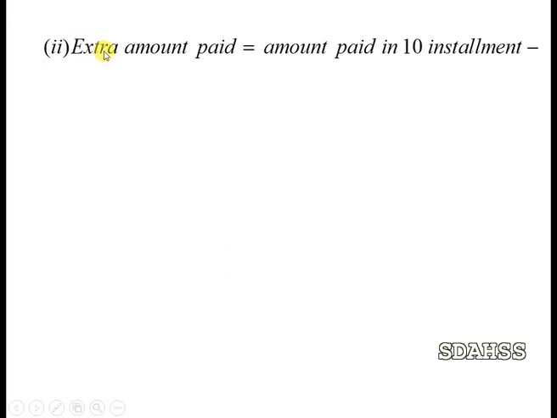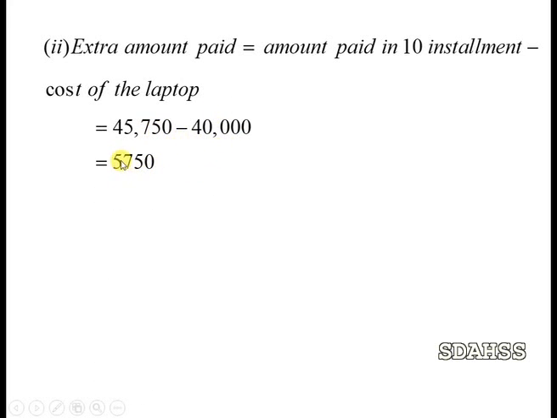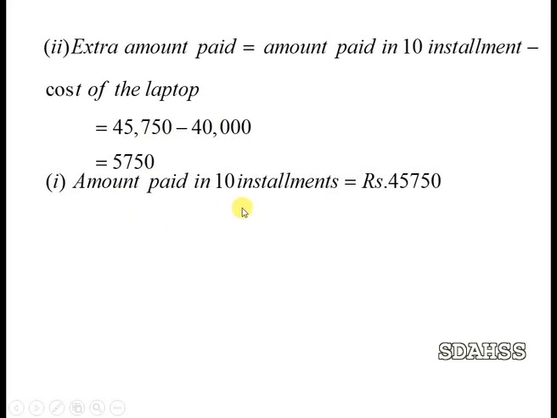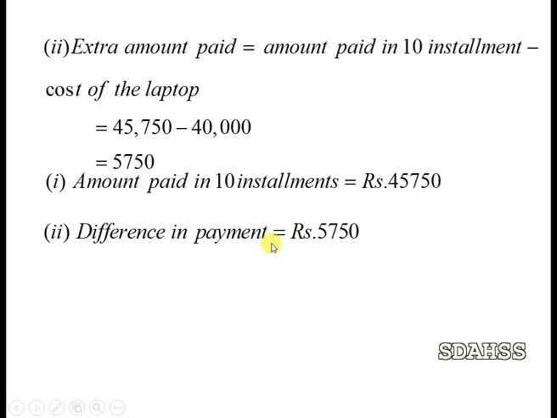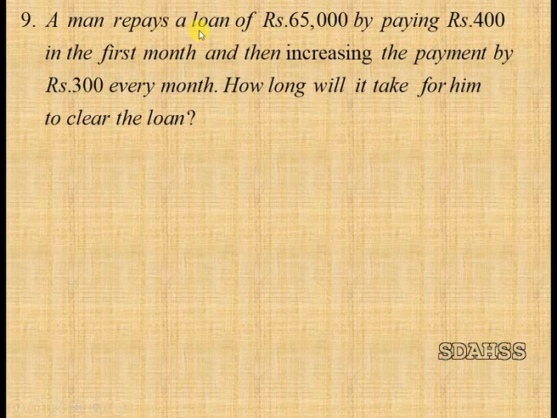Subdivision 2, extra amount paid is equal to amount paid in 10 installments minus the cost of the laptop, which is equal to 45,750 minus 40,000, which is equal to 5,750 rupees. So the amount paid in 10 installments is rupees 45,750. Difference in payment is rupees 5,750.